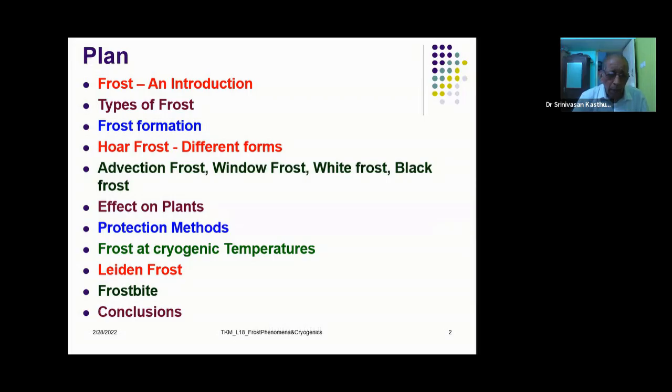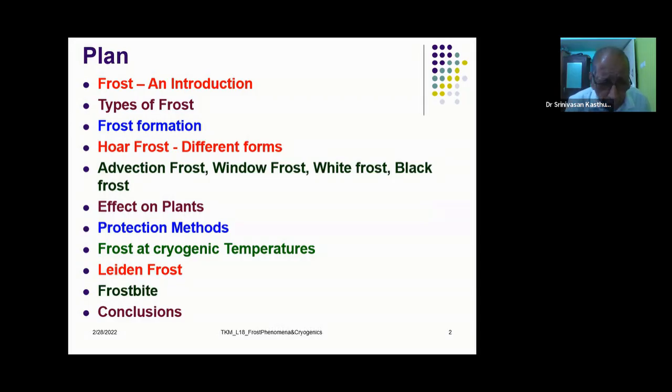So the plants get damaged, right? So how do you protect against this phenomenon of frost, especially for plants which are producing various items? We need to have a protection method to take care of the plants becoming deteriorated.